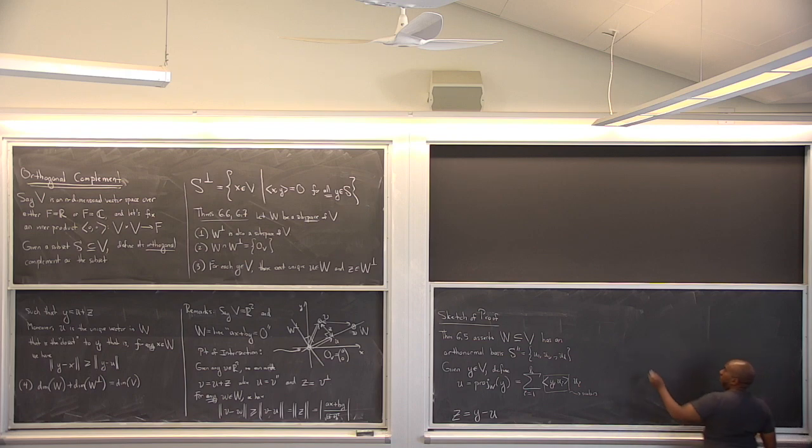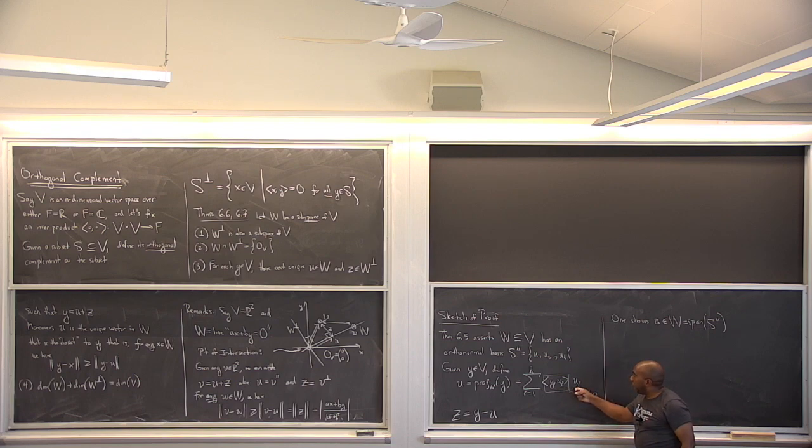So with this here, one can show that u is in W. Of course, it has to be in W because this here is just a linear combination of the vectors of S double prime, but S double prime is the basis for W, so u better be here.